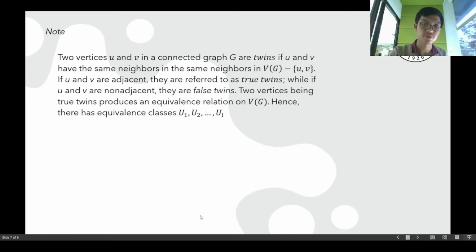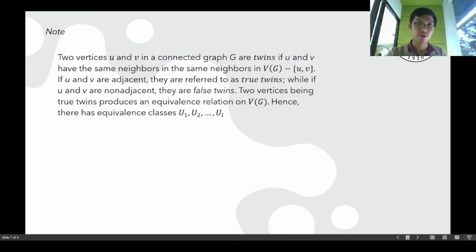Here are some notes on the true twins mentioned before. Consider any pair of vertices U and V in G. The pair is said to be true twins if there is another vertex in G, say vertex X, not equal to U or V, that is adjacent to both U and V, and U and V are also adjacent.